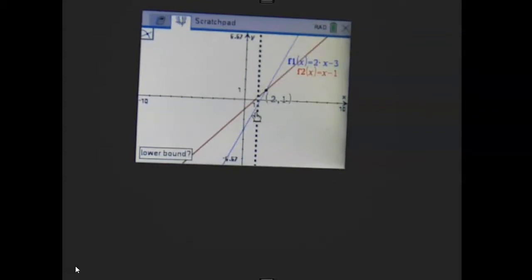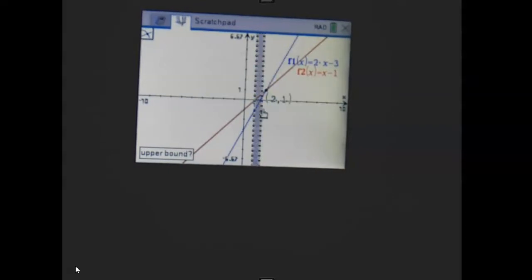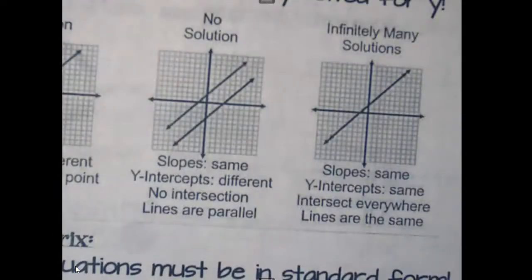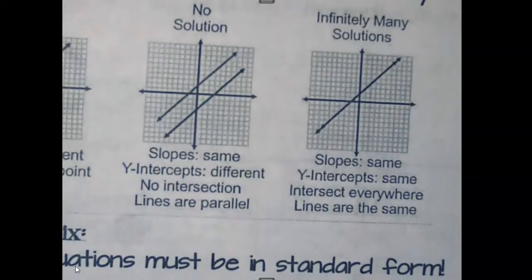So I'm going to go to the left of that intersection, and that's already highlighted for me because I'd already done it. Then I go to upper bound, and I click on the middle of the mouse, and it's going to tell me what that intersection is. So for that line, it was 2, 1. Just remember that anything you need to do on the graphs, you use your menu button for. We did not solve by matrices, so you can mark that out.